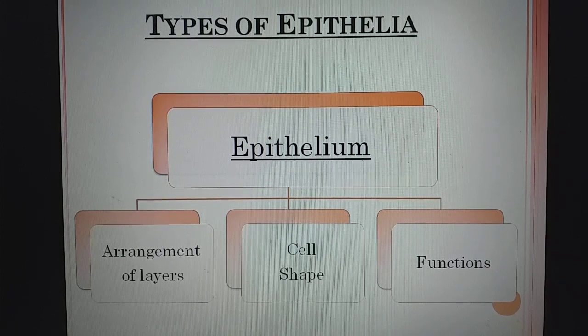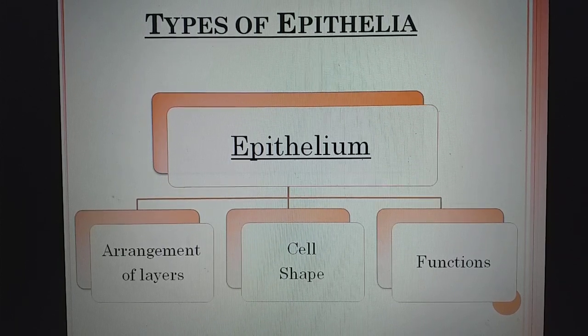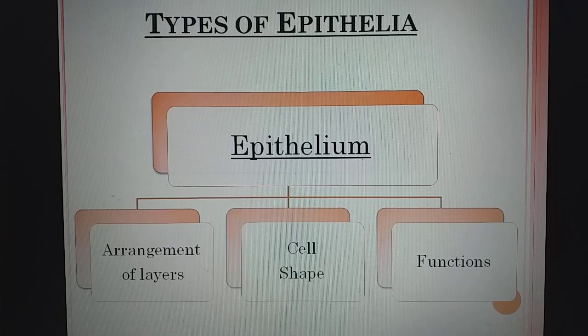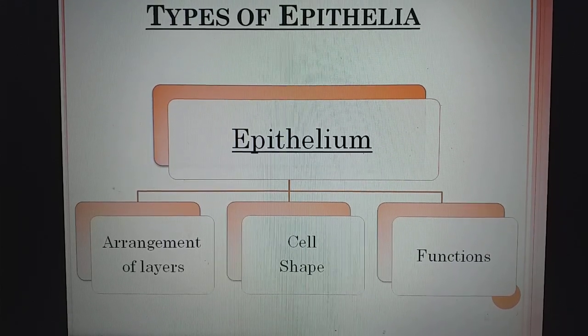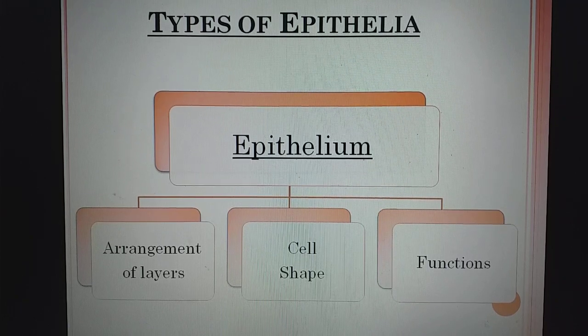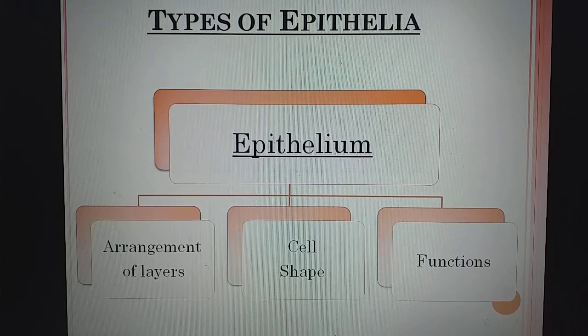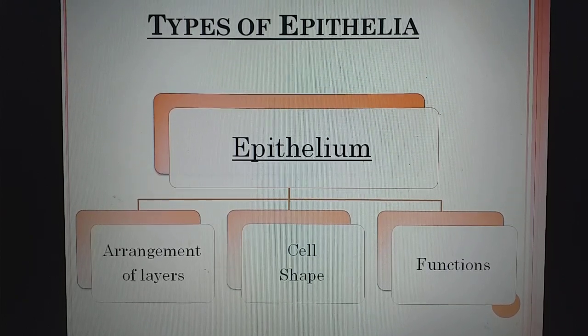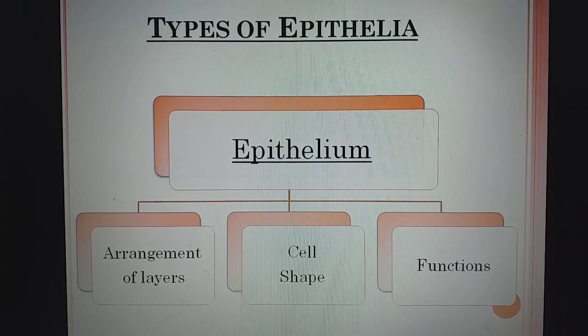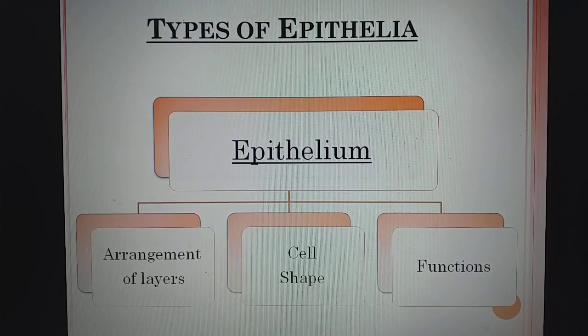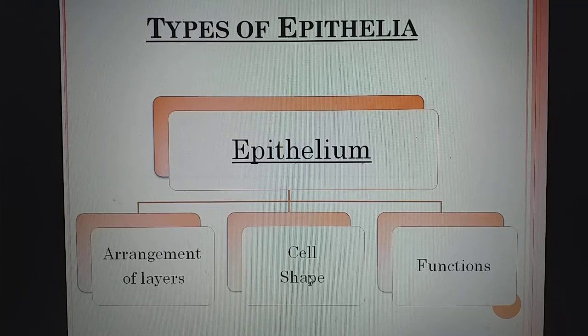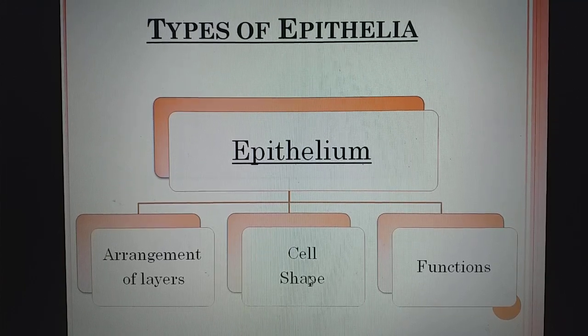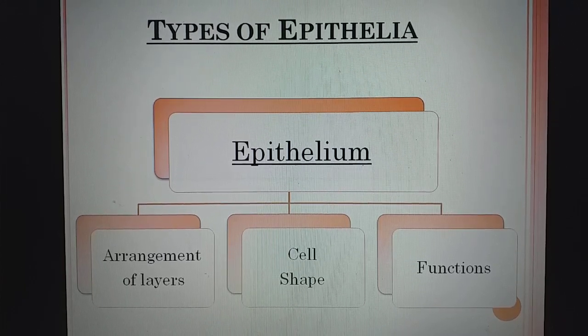Simple epithelial tissue, I think you might be remembering, I completed in the last video, means those tissues which are made up of a single layer, and stratified epithelial tissue means that which is made up of many layers. Example, skin.